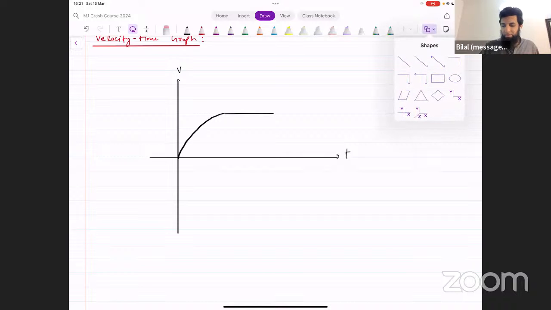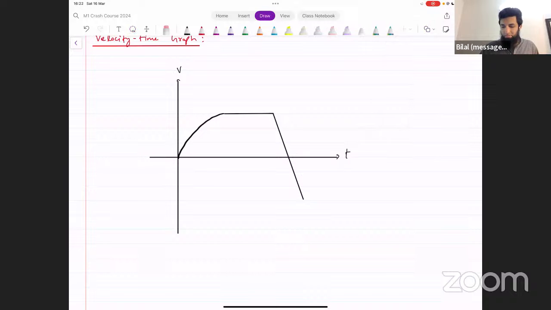And then let's say it goes like this, and then like this. Okay, so this is what the journey of this particle looks like, the velocity time graph.